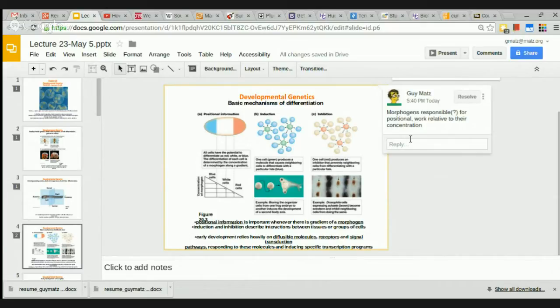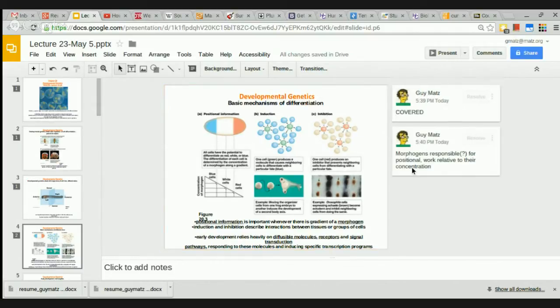LAG-2 being the ligand and Lin12 being the receptor. We're going to go through this again, but this is just the structure of this chapter. And think early fly development, bicoid as an example of positional information. Vulval development, we essentially see both induction and inhibitory process.